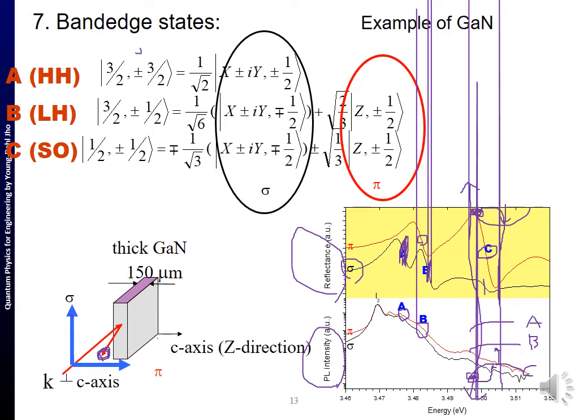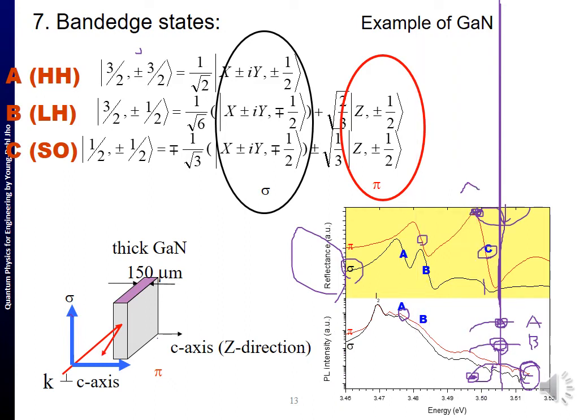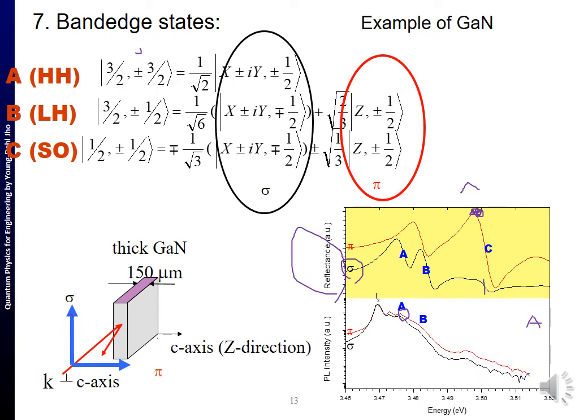So carriers have already relaxed down into the low energy state. So it's very hard to see the high energy luminescence in the case of PL measurement. Again, you will see this phenomenon many times in your own measurements or in research papers. Anyway, that's the way you can explain your reflectance.